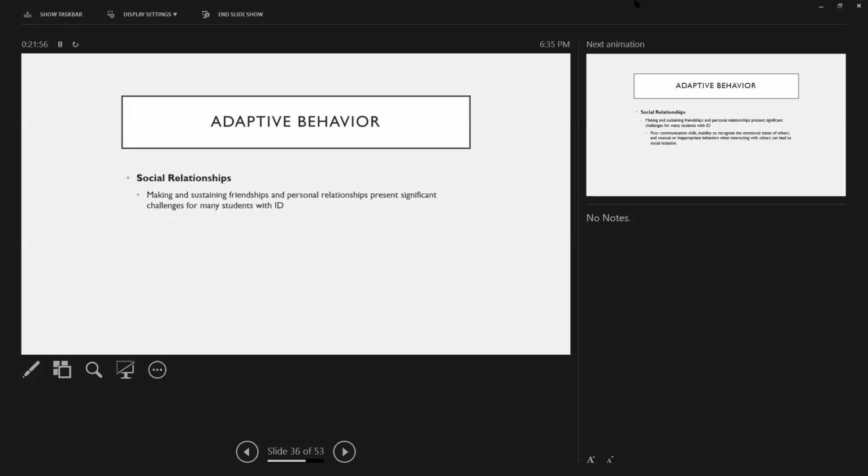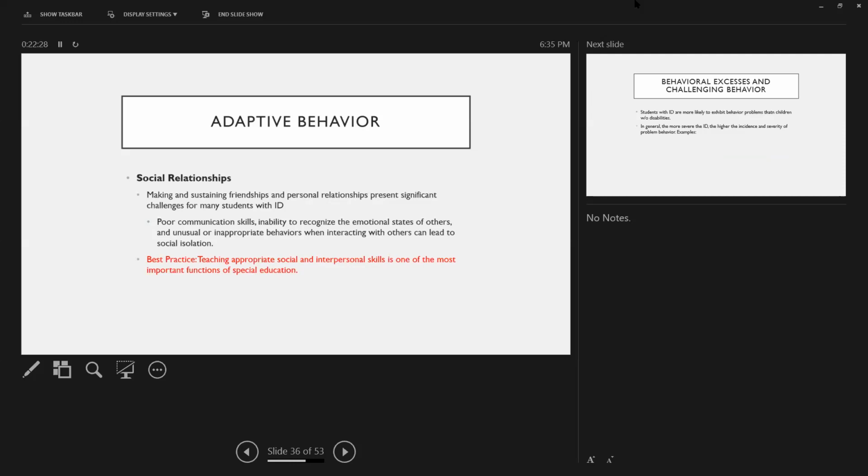We talked about social relationships, making and sustaining friendships. These present significant challenges for many students with intellectual disabilities. There are a number of factors that contribute to this. Poor communication skills, inability to recognize the emotional states of others, unusual or inappropriate behaviors when interacting with others can lead to social isolation.